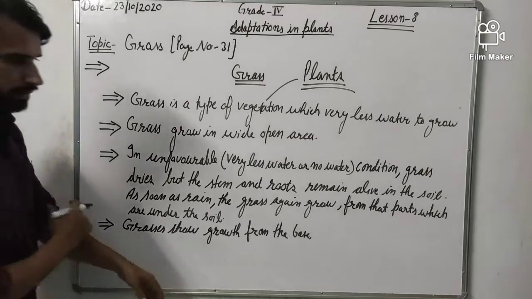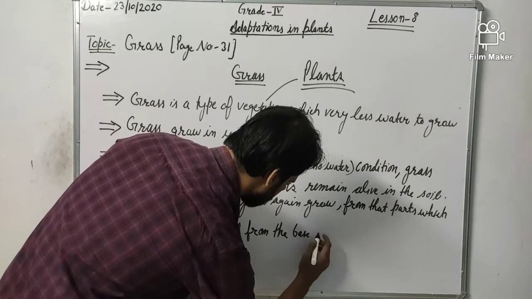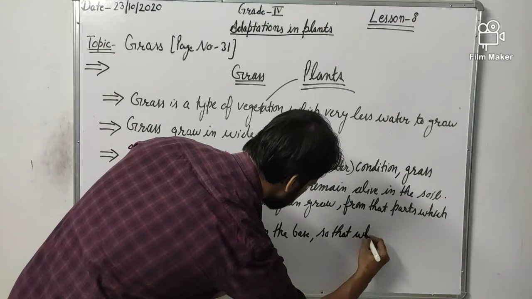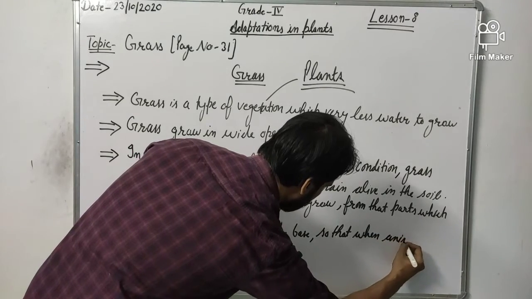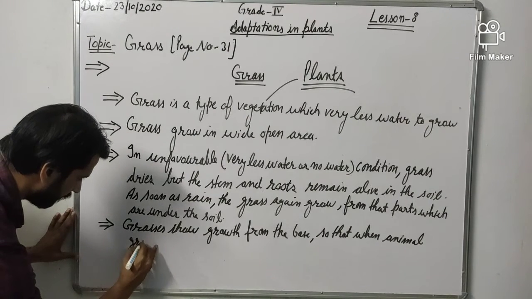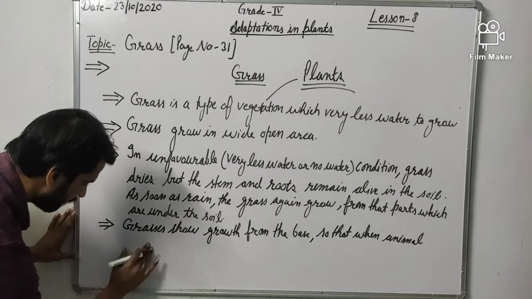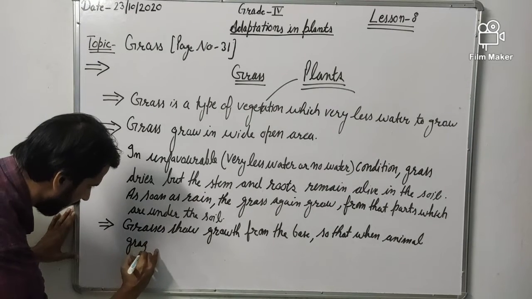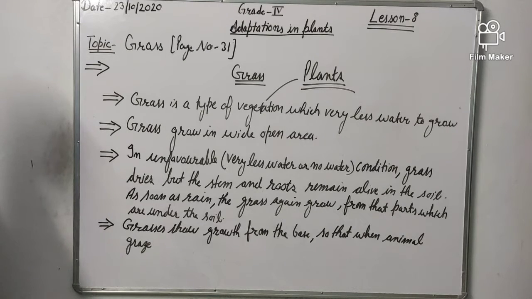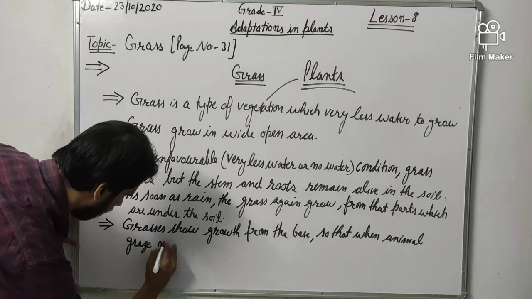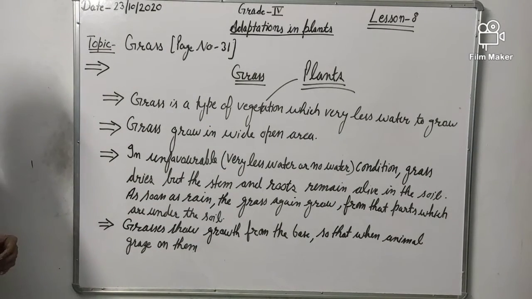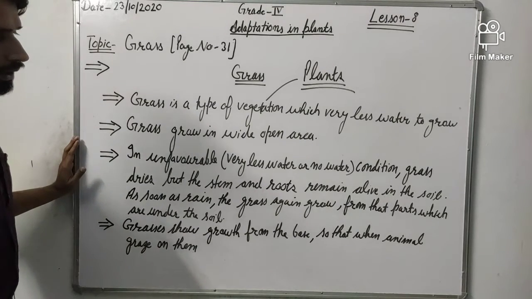Grasses show growth from the base so that when animals graze on them, it does not mean the grass dies. Graze means when animals feed on them directly from the soil.